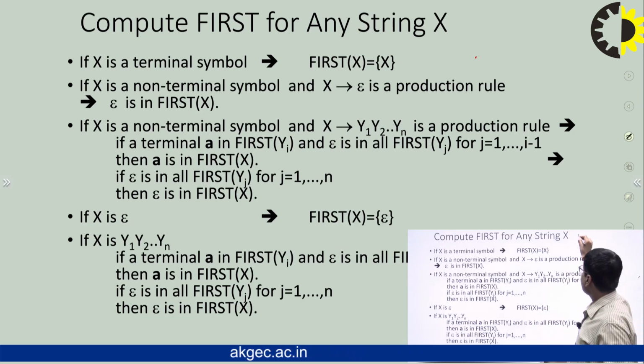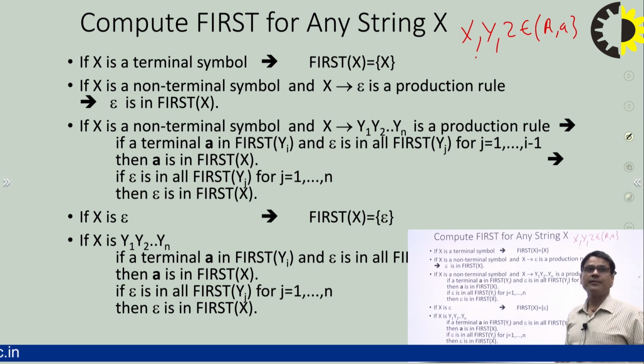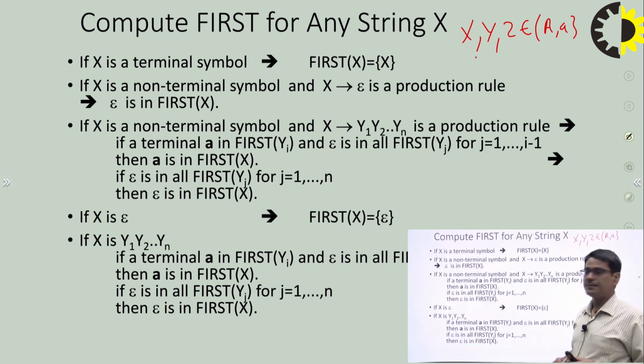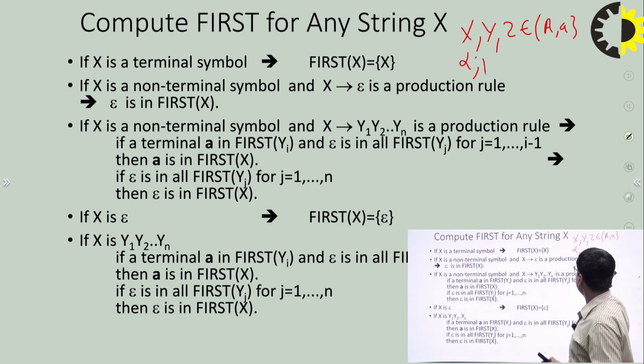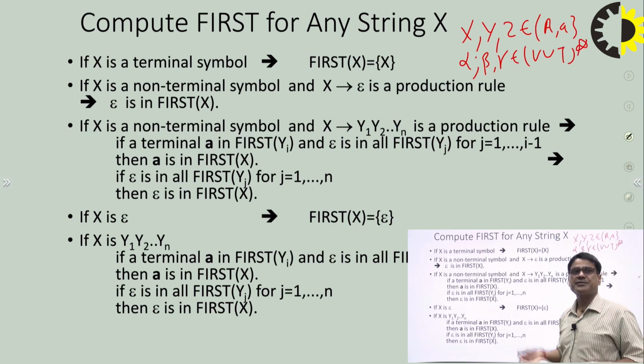If you are using capital X, Y, Z, that is basically used for a grammar symbol, meaning either it is an input alphabet or it might be a variable. If you are using alpha, beta, gamma, then it belongs to (V union T) closure. You can take any length of string for that.